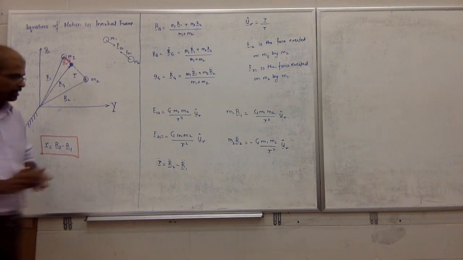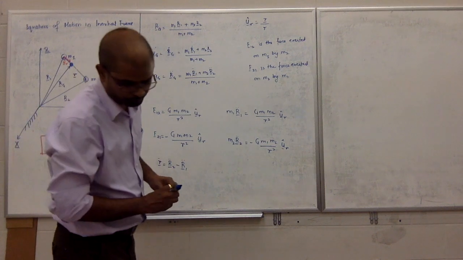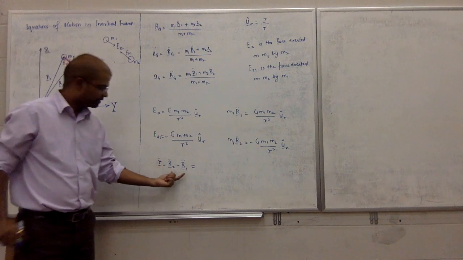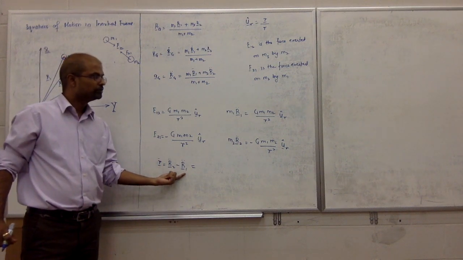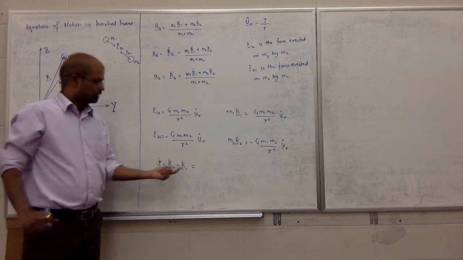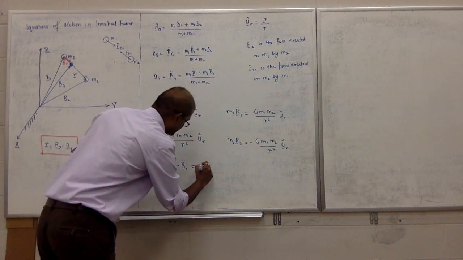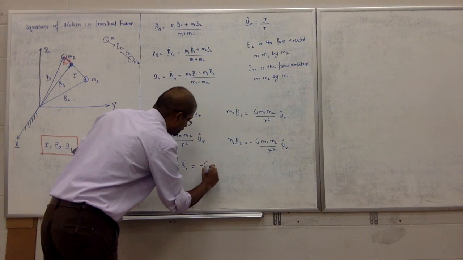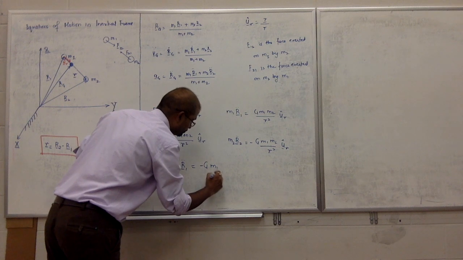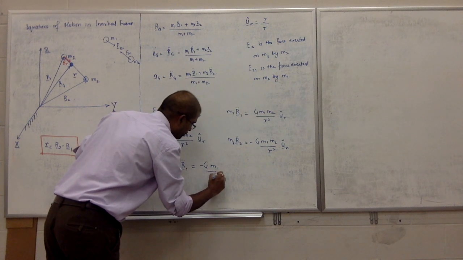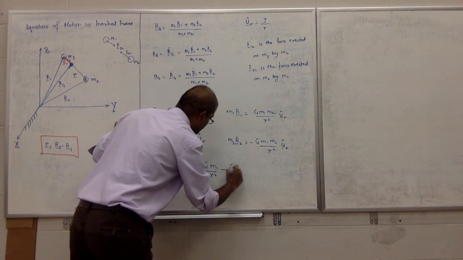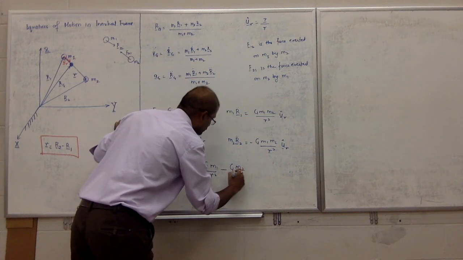Okay? What is this? That's the acceleration of, well, minus G M1 over R squared minus G M2 over R squared.